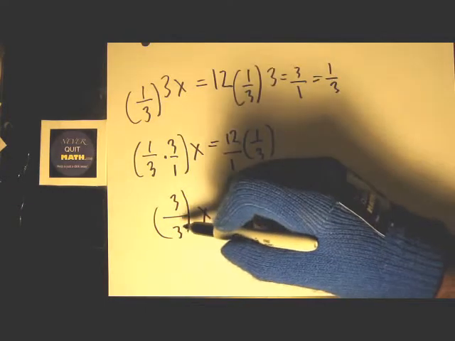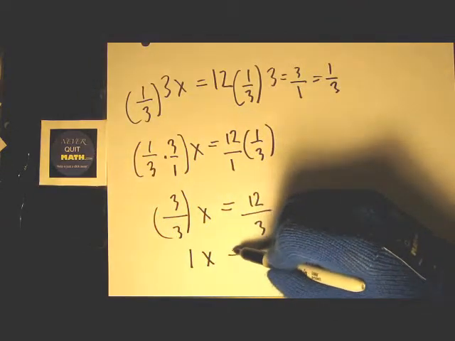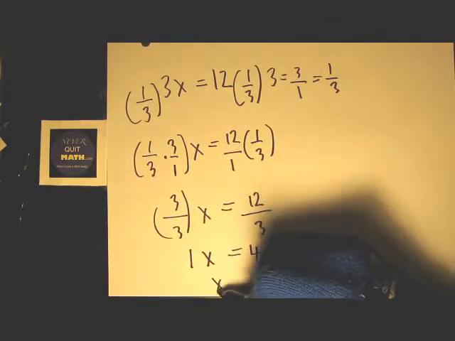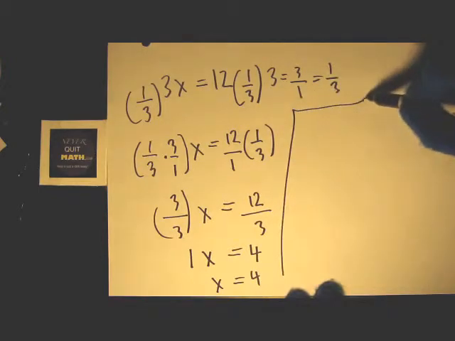Any number over itself always equals 1. So we really have 1x, which is equal to 12 divided by 3, which we know is 4. So we got x equals 4. Make sense? Just like that. Let's do another problem over here.